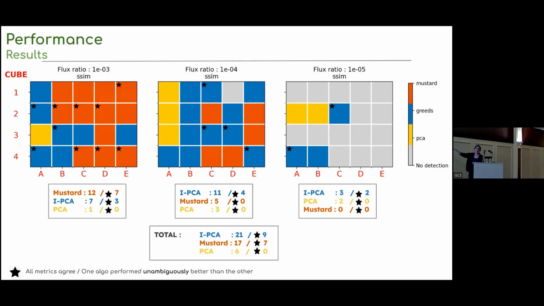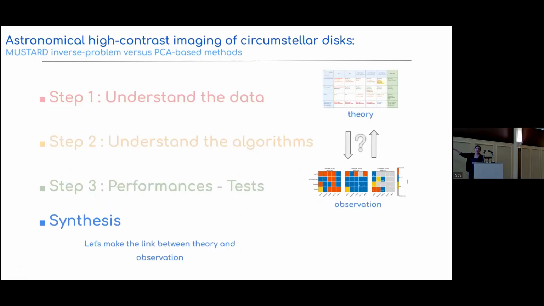Observations: there's still some kind of trend, and the trend is that it works better for bright disks, and for disks that have lots of flux invariant rotation. Iterative PCA is globally better everywhere.